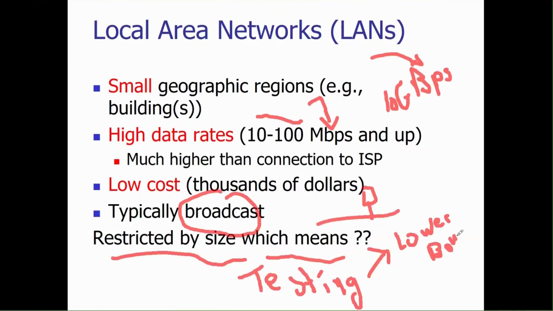If I want to do a protocol for the internet, usually we can test it on the local area network first, because I could control the size. So controlling the size allows us to use a LAN as a testing environment for other protocols.